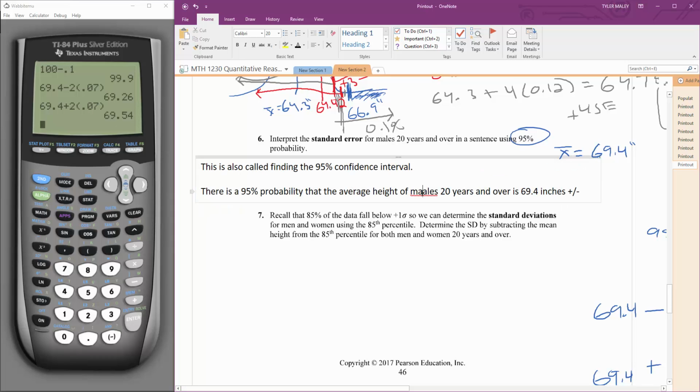Oh, we got a typo. So there's a 95% probability that the average height of males 20 years and over is between 69.26 inches and 69.54 inches. So you could say something like that.